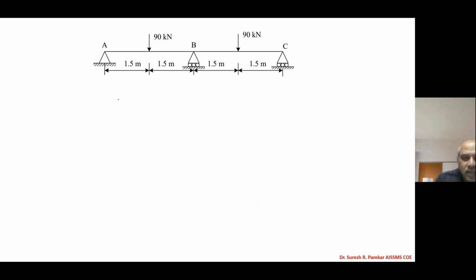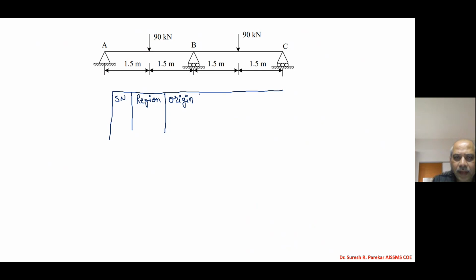We have the serial number, then the region, then the origin, then the limit, then M, and then the partial derivative of M with respect to VB.